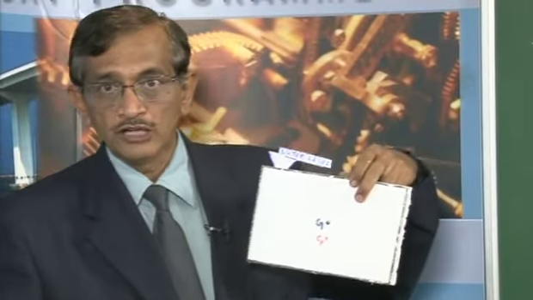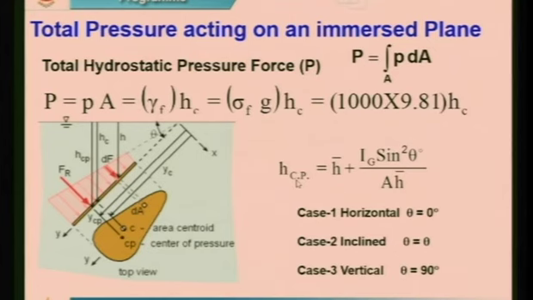So, we are going to use this formula for plates which are inclined: HCP is equal to H bar plus Ig sin square theta divided by the area of the plate, which is B into D, into H bar.